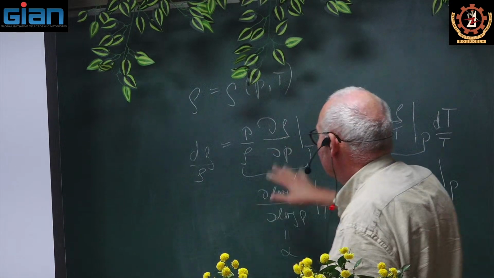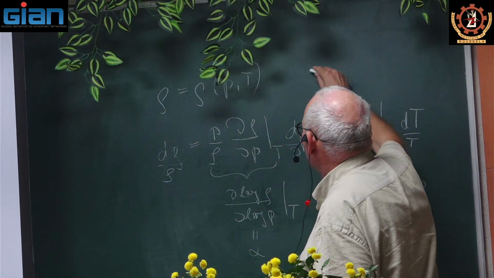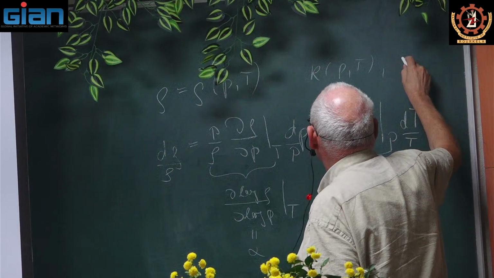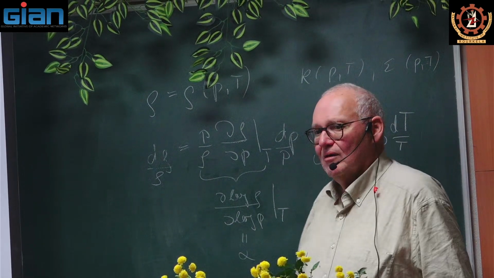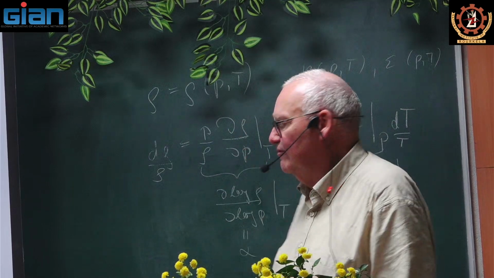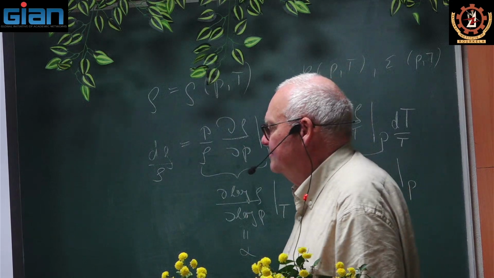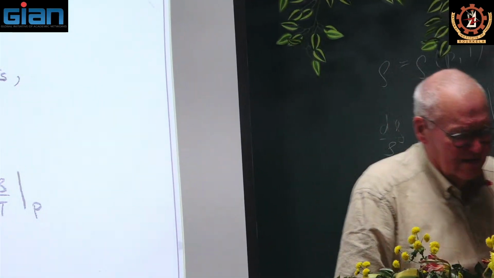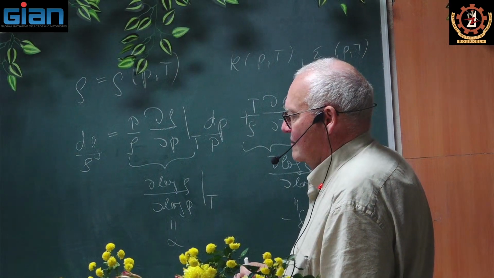So this is usually done for any quantity. What I have done here for the density might be done for kappa as a function of P and T, or it might be done for epsilon as a function of P and T. We define all these logarithmic derivatives in the same way. Okay? So if you are not yet familiar with that, this is how thermodynamics is typically addressed in stellar physics.